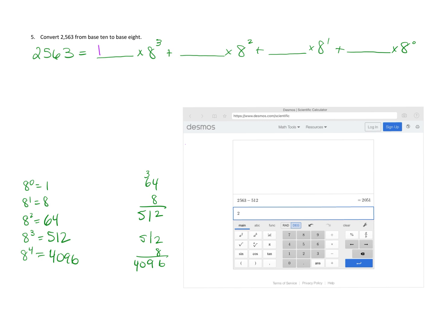So I pulled out another complete 512 and I still have 1,539. I'm going to keep subtracting until I can't subtract any more 512s.